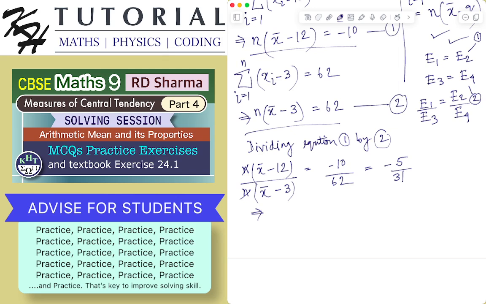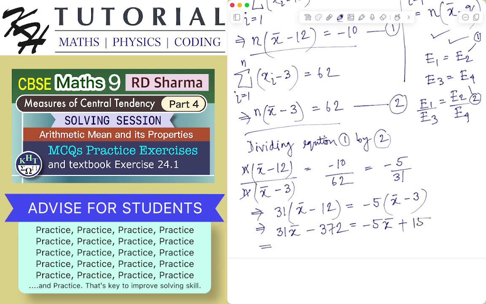Now doing cross multiplication, I have 31 multiplied by x bar minus 12 is equal to minus 5 multiplied by x bar minus 3. Expanding both the sides, I have 31 x bar minus, how much is 31 multiplied by 12? 31 multiplied by 12 is 372. 372 is equal to minus 5x bar plus 15.